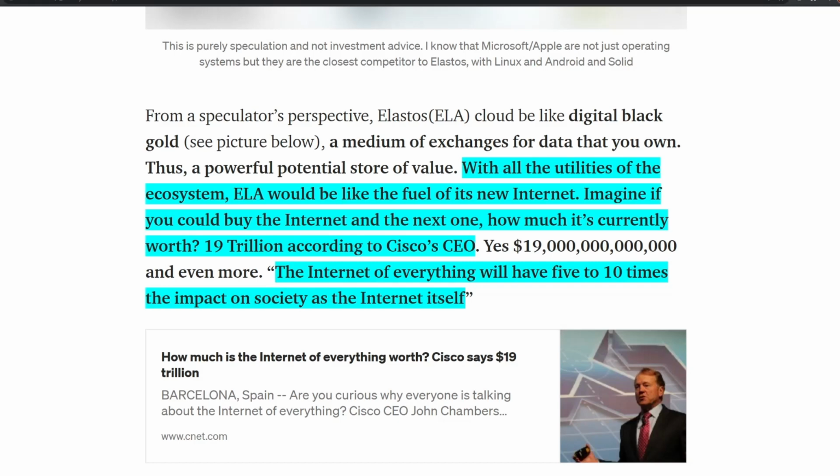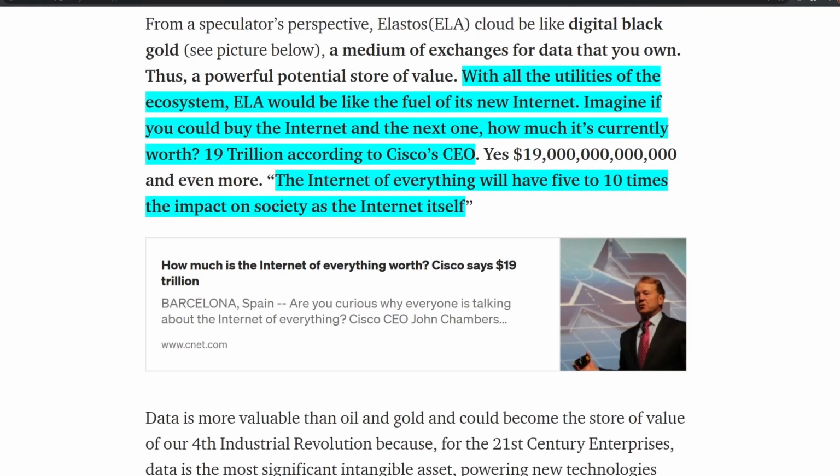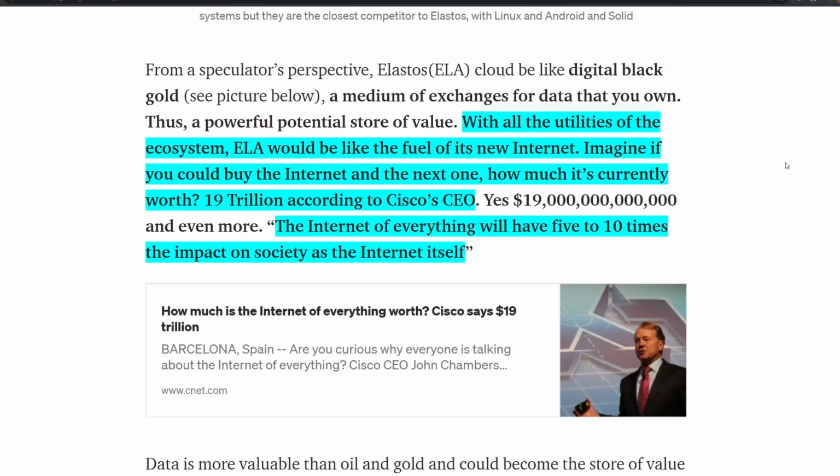All right, and also a quote here: the Internet of Everything will have 5 to 10 times the impact on society as the internet itself. So, I mean, you could definitely see how, if Elastos is successful, basically the goal it's trying to accomplish, it would be a multi-trillion-dollar project, no doubt in my mind.